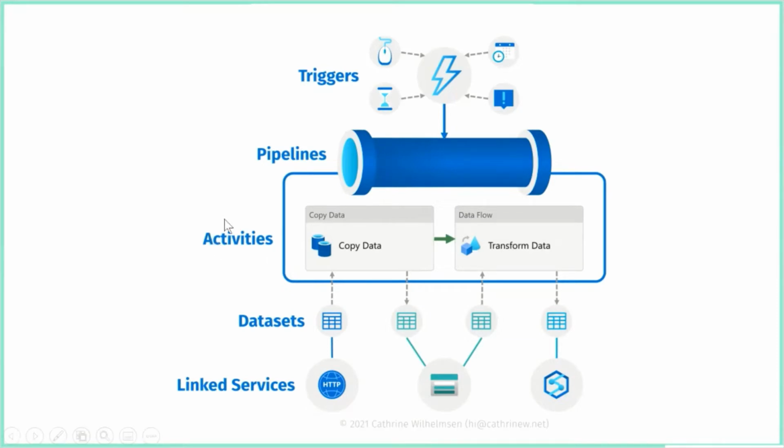So if you configure these activities, you are actually building a pipeline, because you have defined from which data set you are transforming the data and to which data set you are moving it, and how the logic is interconnected, you are defining it in the activity.